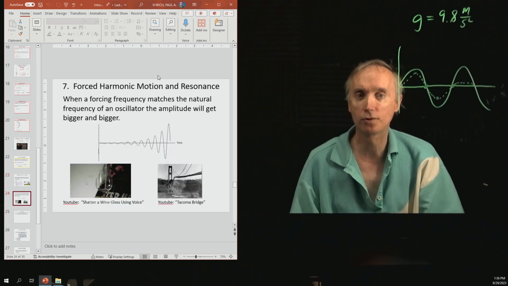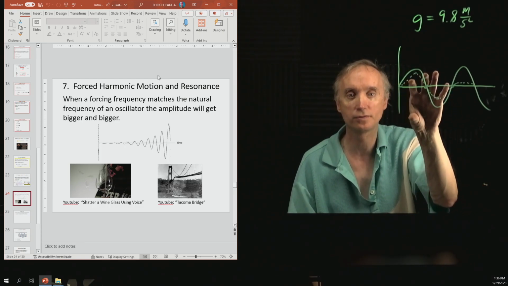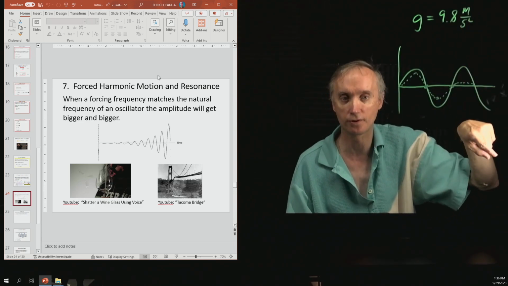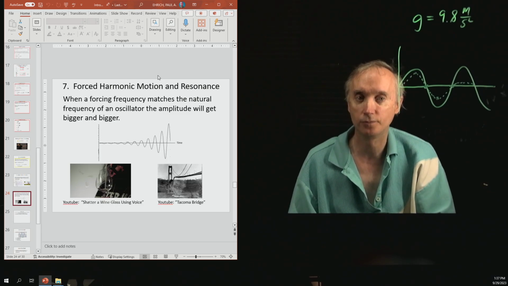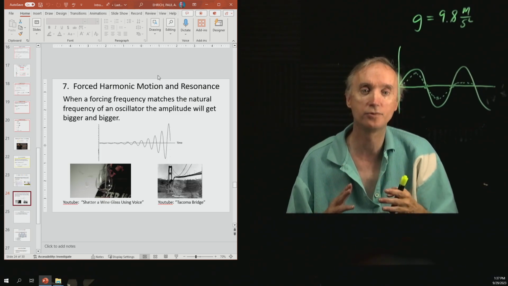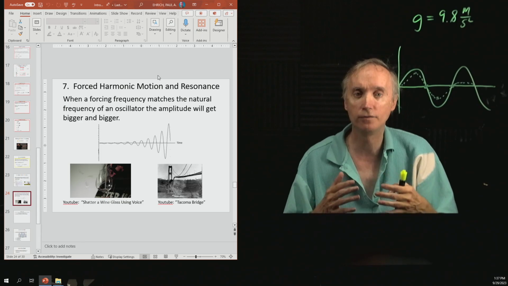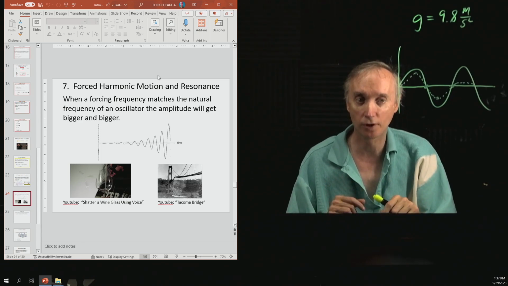And then we did forced harmonic motion, and notice it's this picture, but it's reversed. So notice that the amplitude is getting larger and larger as time goes on. And this is going to happen because every object, whether it is a building, or a glass, or a bridge, has a certain frequency that it wants to vibrate at.